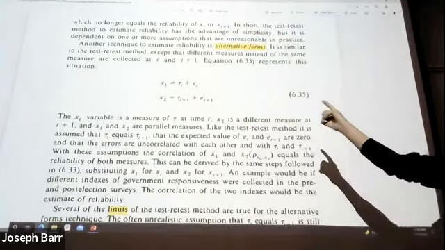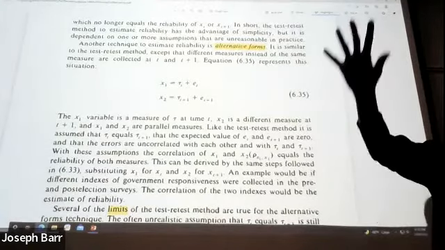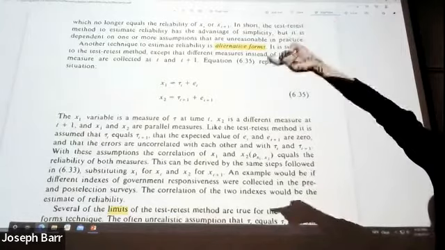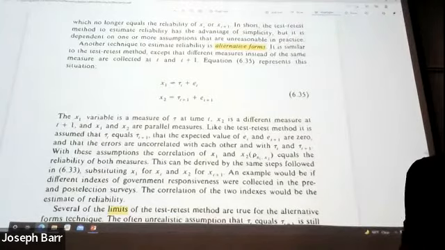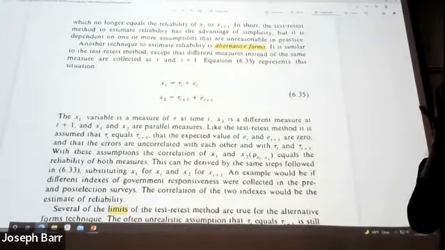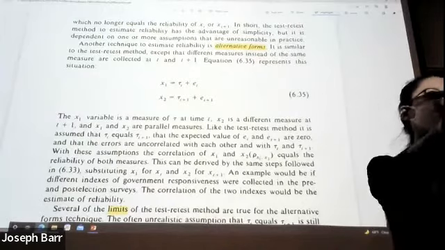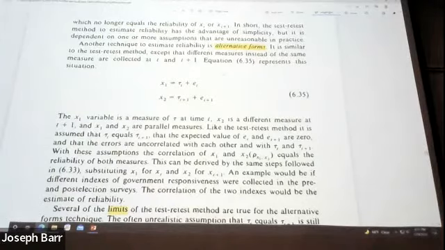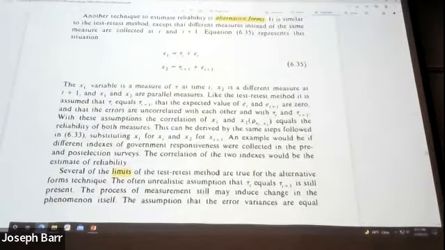With alternative forms, we have form A and form B. Think about the tests in our projects: we develop two forms, form A and form B, so that kids sitting next to each other cannot have the same answers. In that case, we still have these two measures, X1 and X2.